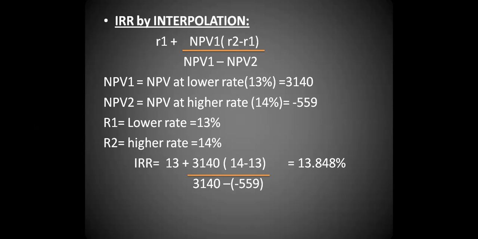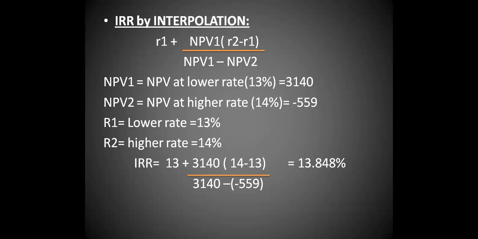So here IRR will become 13 plus 3140 multiplied by 14 minus 13, divided by 3140 minus of minus 559. Now see, this is very important. Already the NPV at the second rate is negative, and we have to subtract this amount from NPV at rate 1.